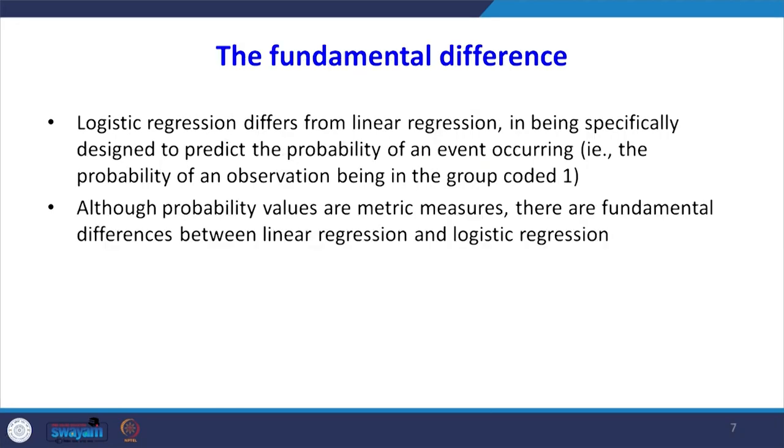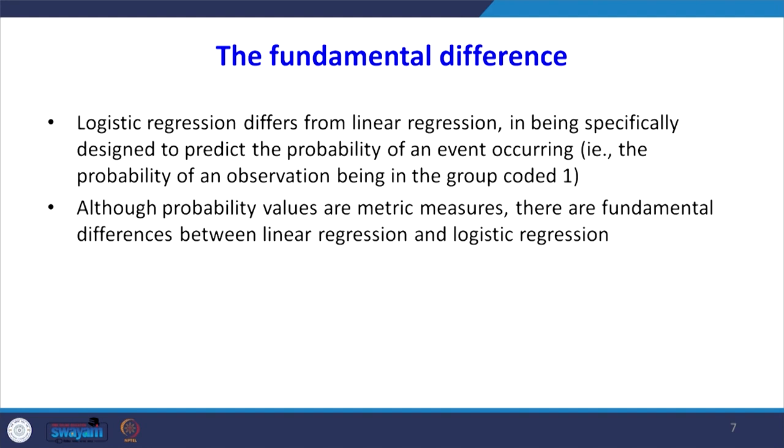There are some more reasons there. The fundamental difference between logistic and linear regression is that logistic regression is specifically designed to predict the probability of an event occurring. So, the y value is nothing but the probability, that is, the probability of an observation being group coded 1 or not.